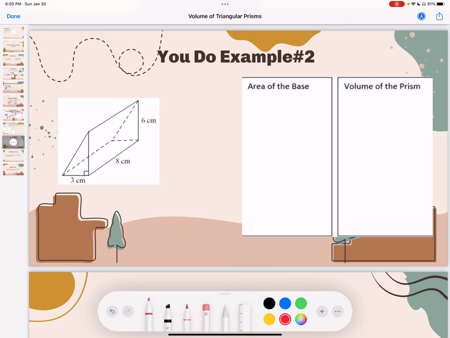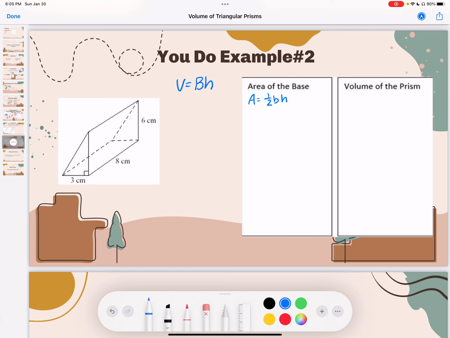So go ahead and take a moment. Remember our formula. Use your formula sheet and go ahead and pause it, work it out, and then whenever you're ready, you can press play. So at this point, you should have solved it. We're just going to check it real quick. I've got V equals big B times H. My area of the base is A equals 1/2 bh.